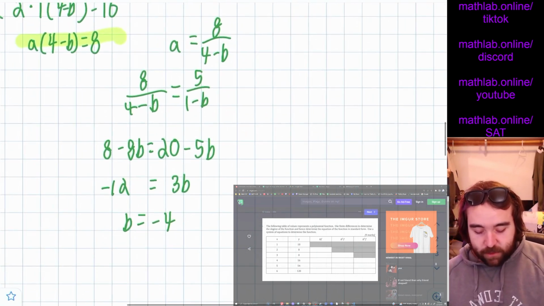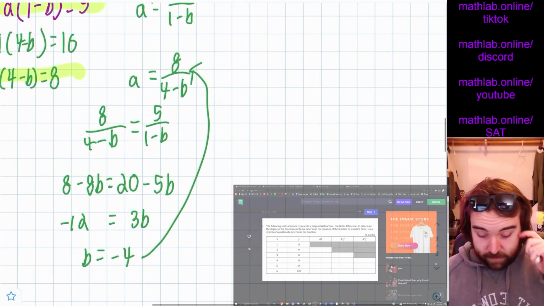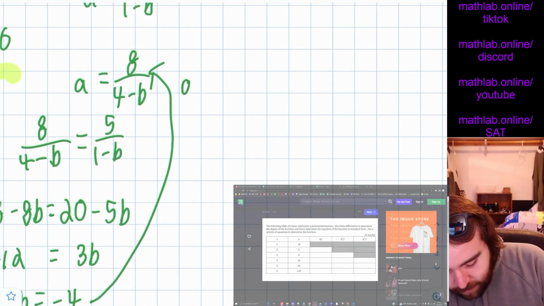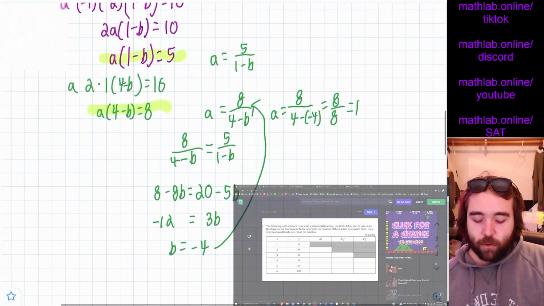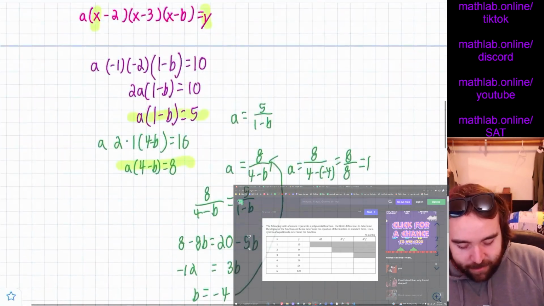And then lastly, we just got to find a. I'll go ahead and plug in b equals negative 4 into this one. Ooh, that looked scary for a second, didn't it? But no, we end up with a equals 8 over 4 minus negative 4, or 8 over 8, or 1. So it turned out that number in the front didn't matter.